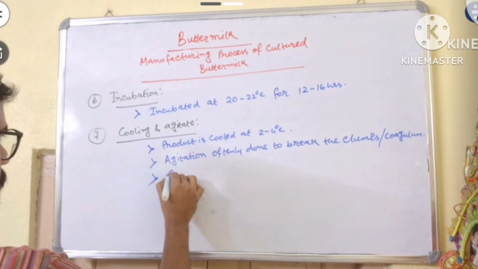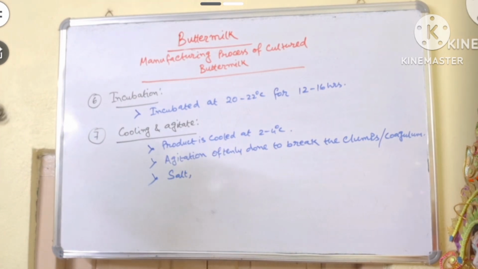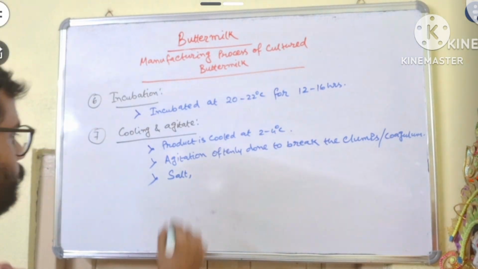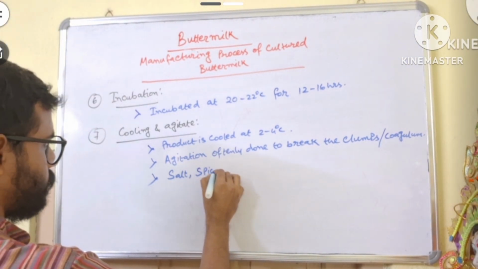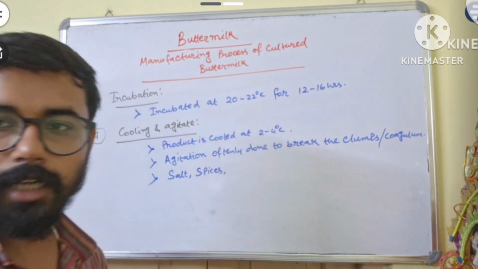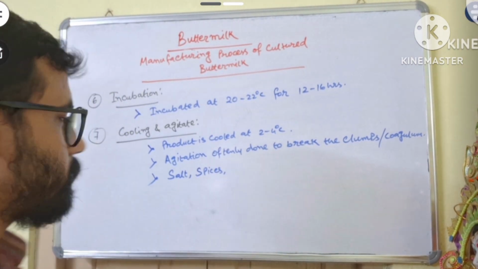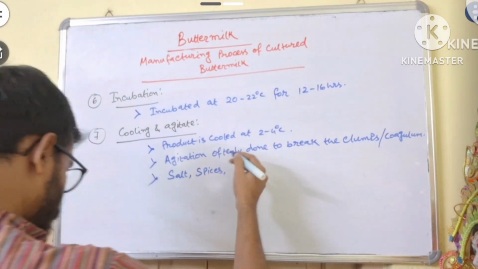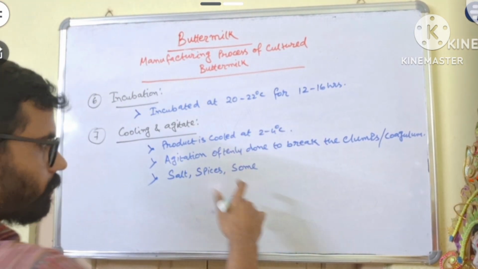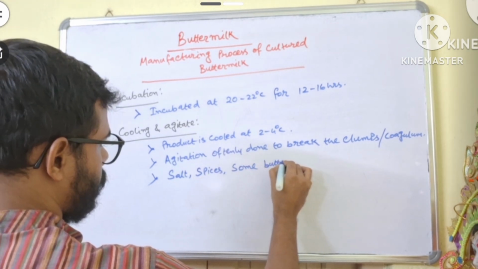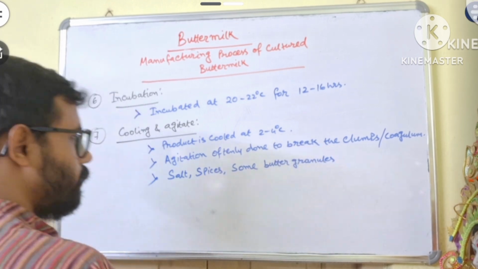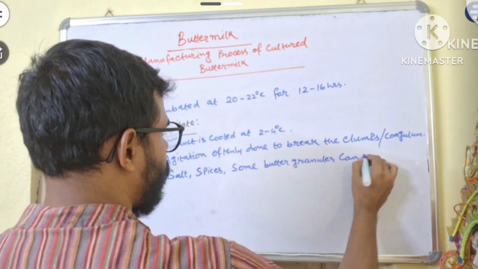At that stage, some amount of salt and some roasted spices can be used. Like in India, we use jeera for taste. Chach can be produced by using some spices. Spices and some butter granules. Extra butter granules can be added. Optional.